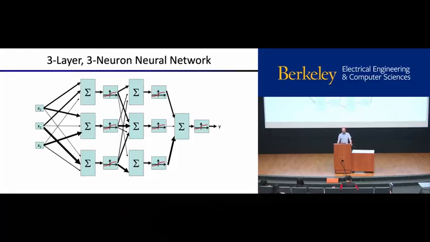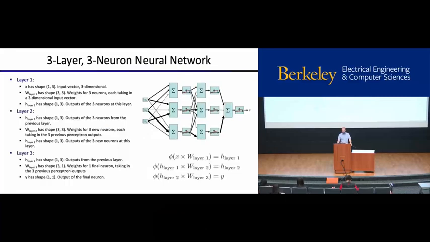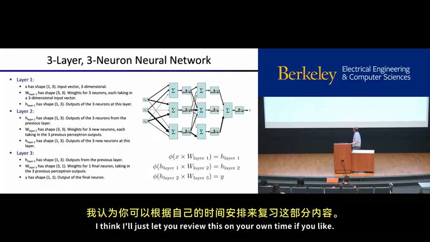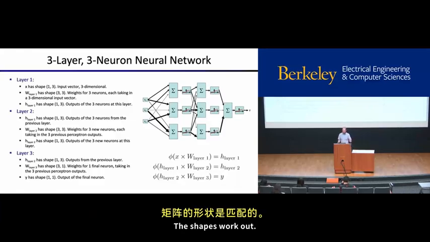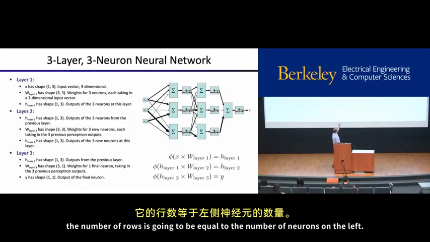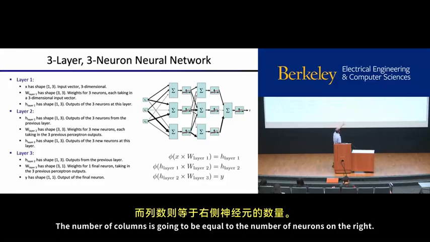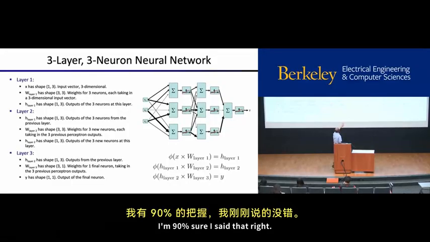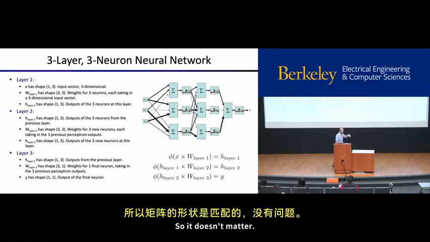Okay. Here are all the shapes. I think I'll just let you review this on your own time if you like. The shapes work out. For the weight matrix, the number of rows is going to be equal to the number of neurons on the left. The number of columns is going to be equal to the number of neurons on the right. I'm 90% sure I said that right. Well, it's 3, 3 in this case, so it doesn't matter.